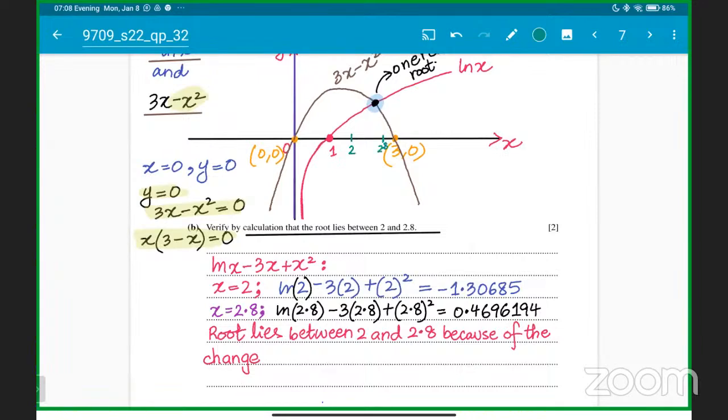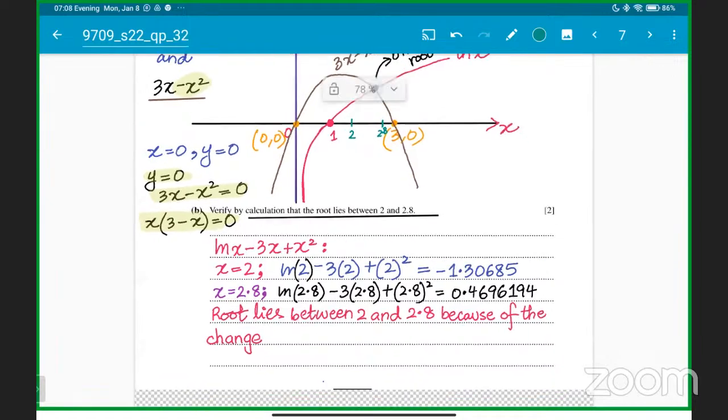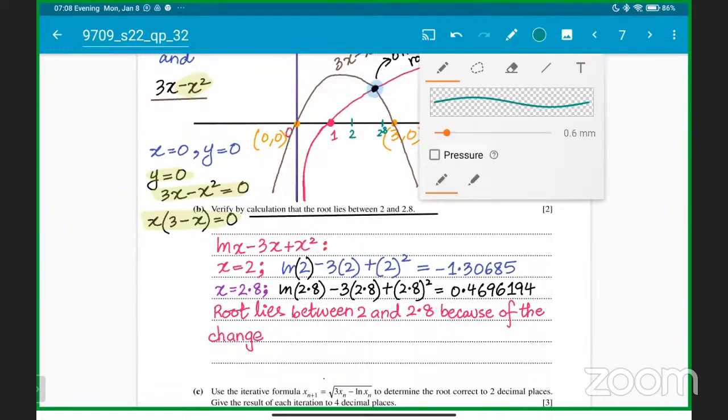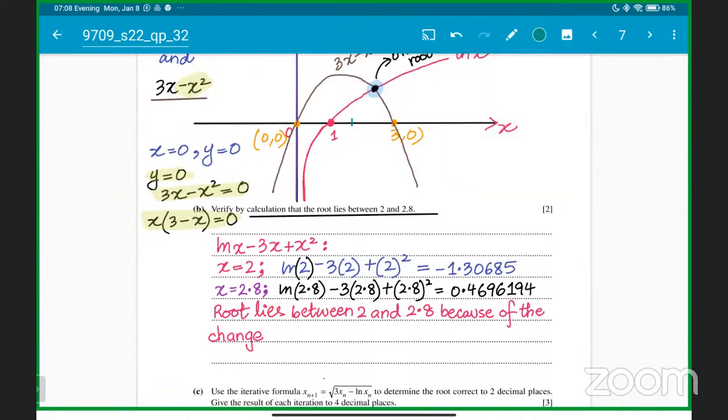What they are saying is that at 2 it's a negative value, but at 2.8 we are getting a positive answer. Okay, understood? Getting it? So what we have is basically the root lies between 2 and 2.8 because of the change of sign from negative to positive. With this, you will get the 2 marks as well.